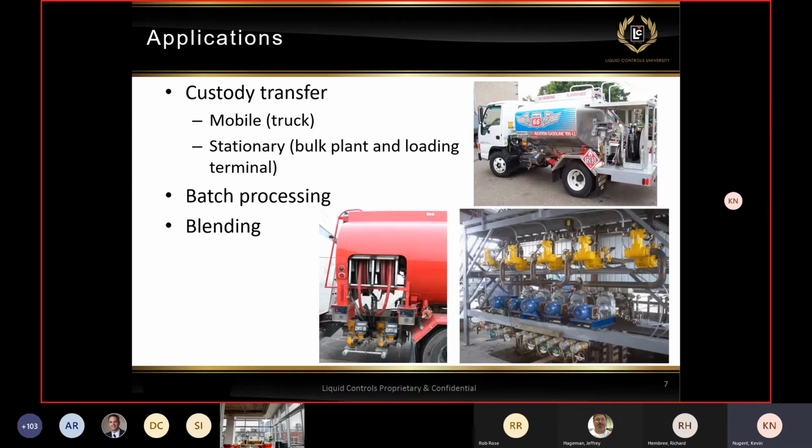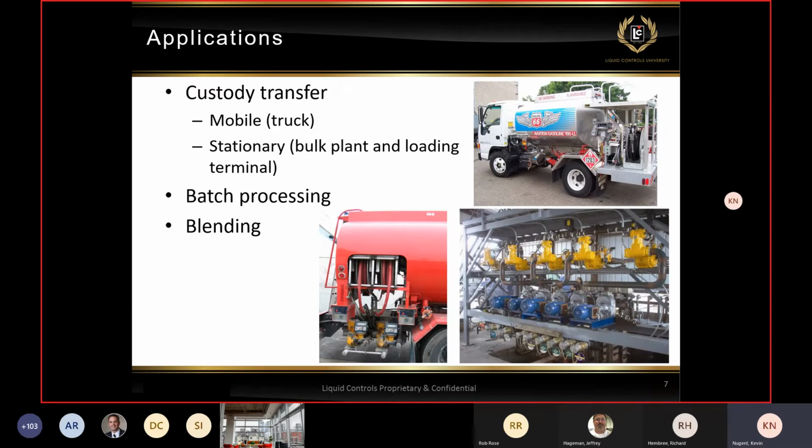Again, custody transfer, where a high degree of accuracy is required, is where we excel. That is in mobile applications where meters are mounted on trucks, and stationary applications: the bulk plant, the loading terminal, the fuel farms. Very high accuracy is required, and we can provide that for you.